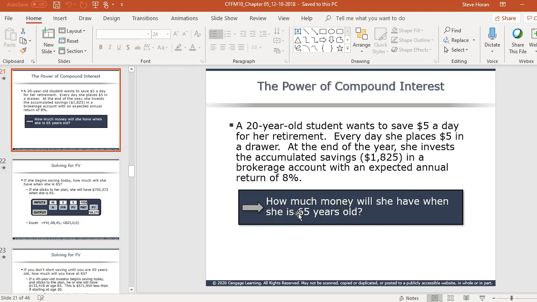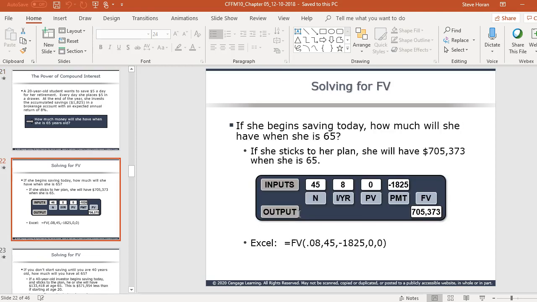So basically her savings is she'll put in $1,825 per year for 45 years. And so that will turn into $705,373. Just putting in $1,825 per year for 45 years turns into just over $700,000.